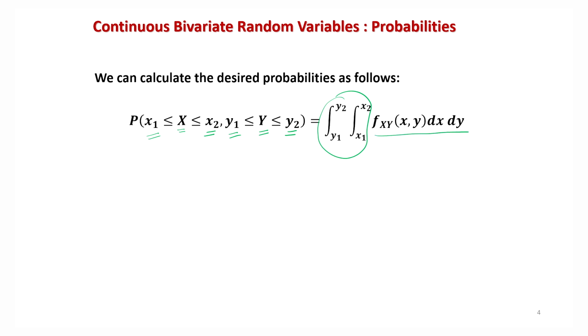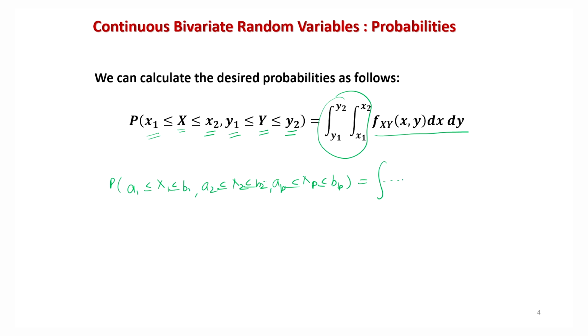So that is straightforward. Now in case I ask you, suppose you have p random variables X1, X2, up to Xp, and you want to compute the probability that their values lie between a1, b1, a2, b2, up to ap, bp, then what will it be?